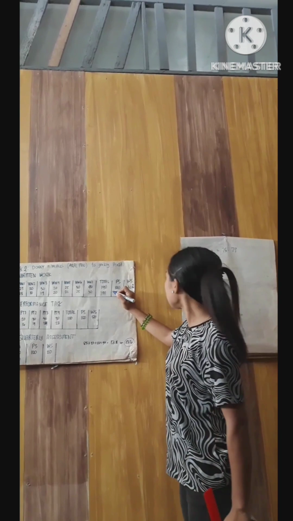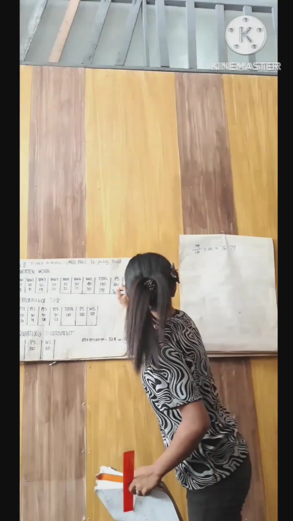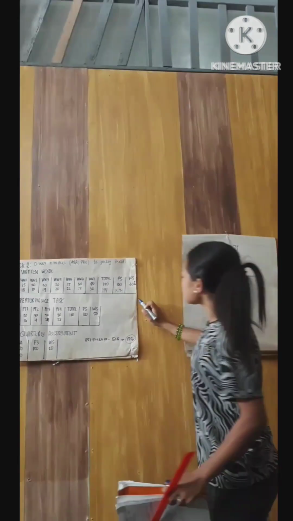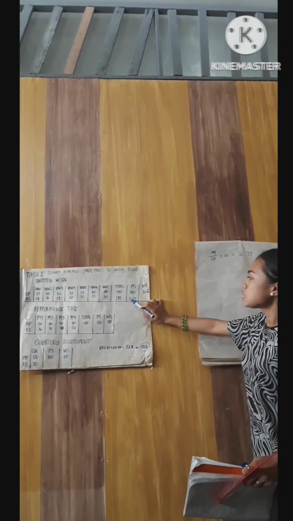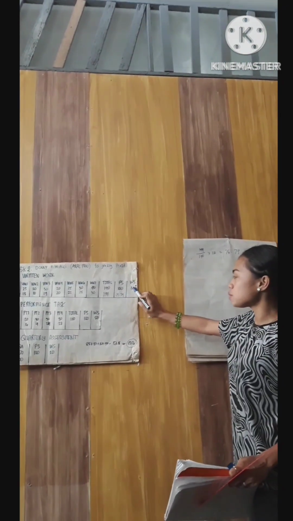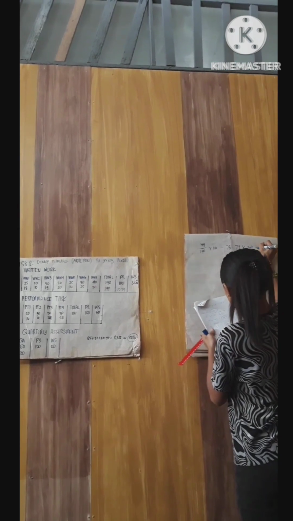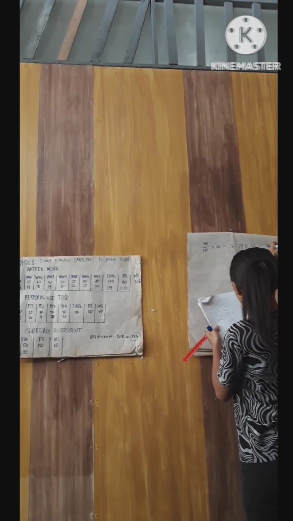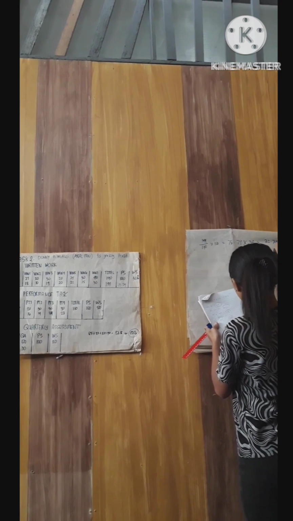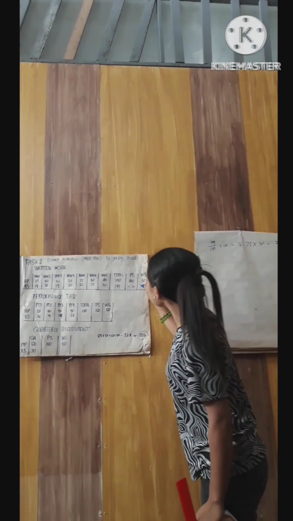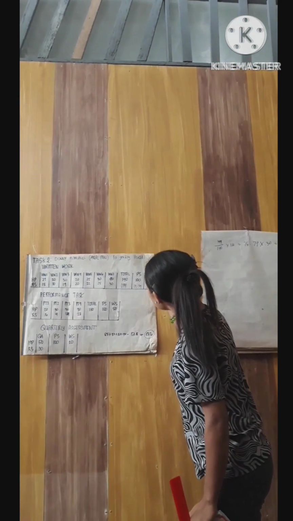So the percentage score is 75.79. To get the weight score, 75.79 times 30%, so times 0.30, equals 22.74. So the weight score is 22.74.